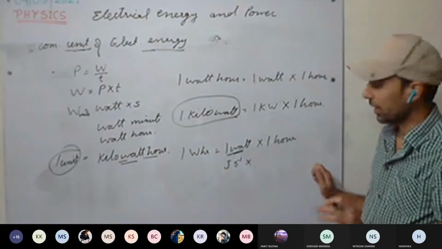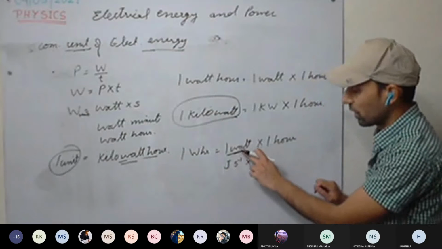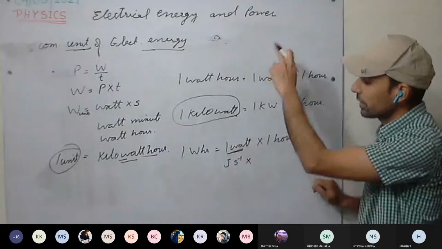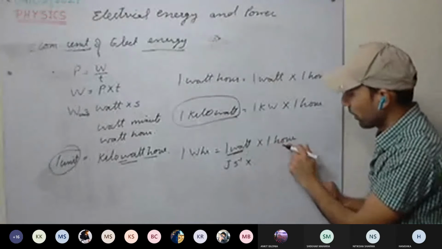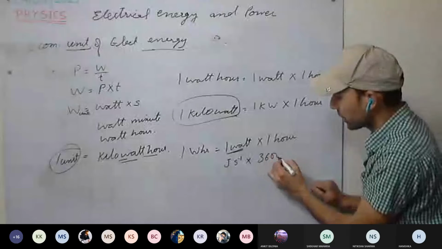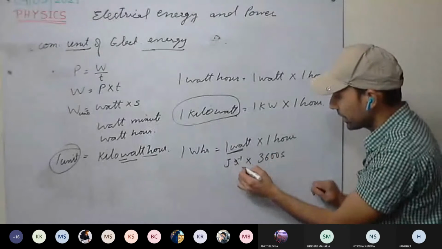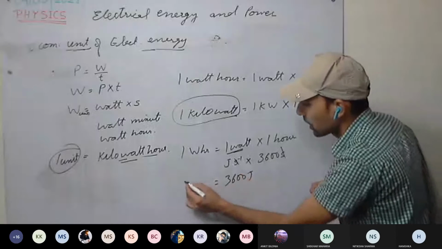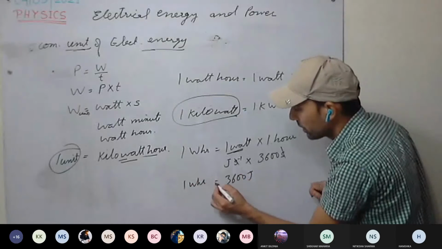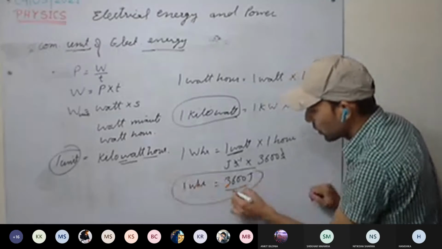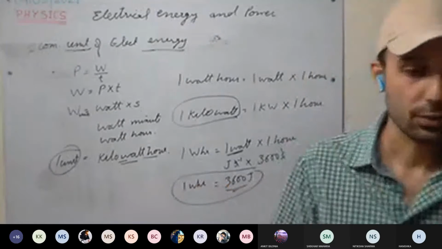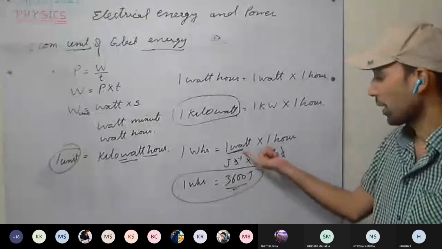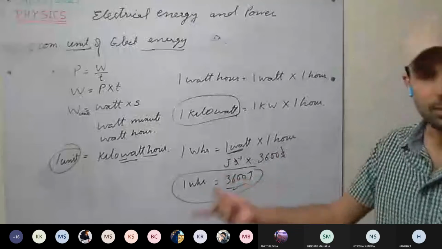What is the unit for power? Joule per second, work done per unit time. 1 hour is how many seconds? 3600 seconds. So the seconds get cancelled. It is equal to 3600 joules. So in 1 watt hour, this much energy in joules is consumed. This is how they are related. 1 kilowatt hour is 3.6 into 10 raised to power 6 joules, so you have to multiply that by 1000.